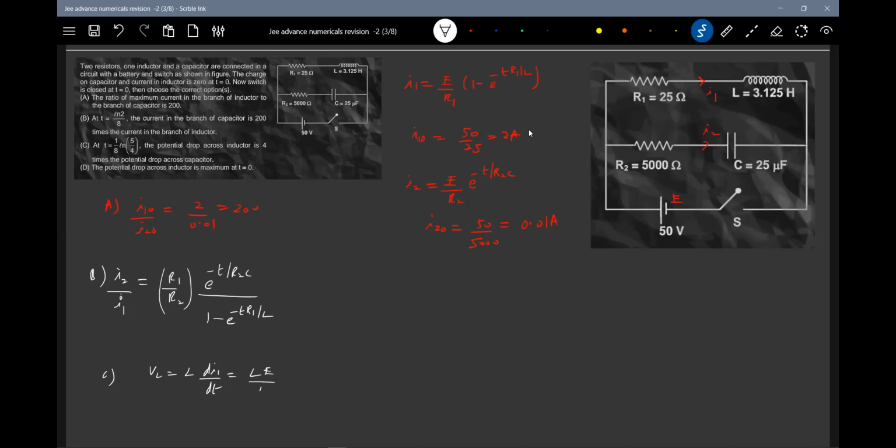This will become E, R1 will be only equal to E. That's the potential drop across the inductor. Similarly, potential drop across the capacitor, we need the charge. Directly we can write it E into e to the power of minus T by R2C.